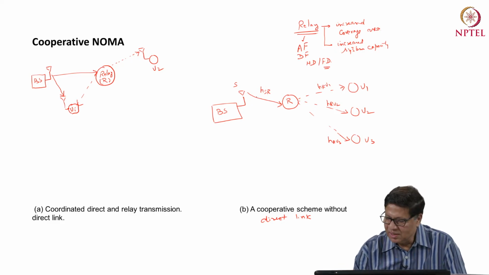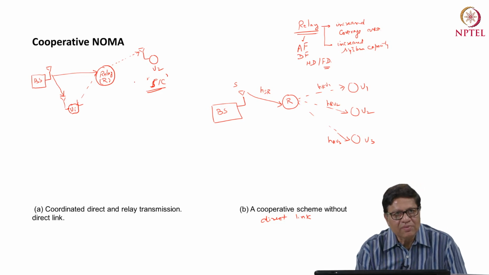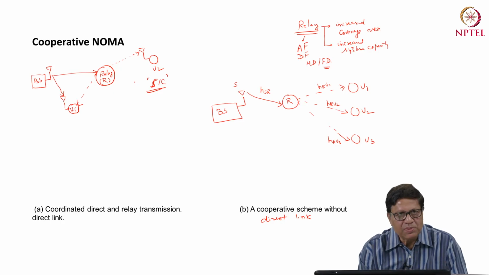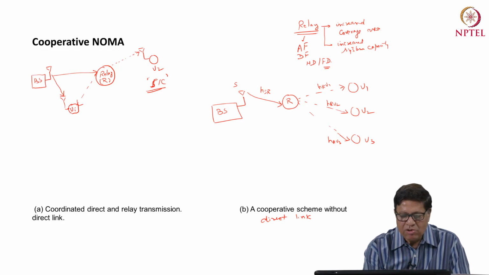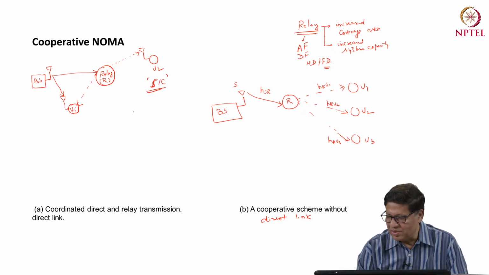The NOMA is actually performed at the user. So the SIC operation is performed at the user level. I'm assuming the signal, which is power domain NOMA, is getting transmitted from the base station, and the SIC operation is being done at the user to extract the data for that particular user.